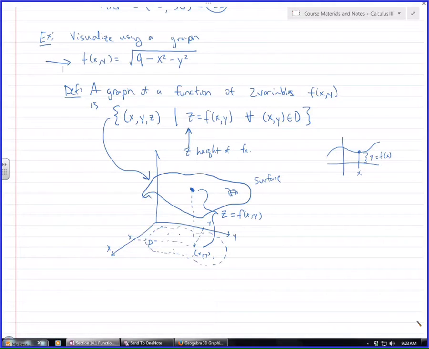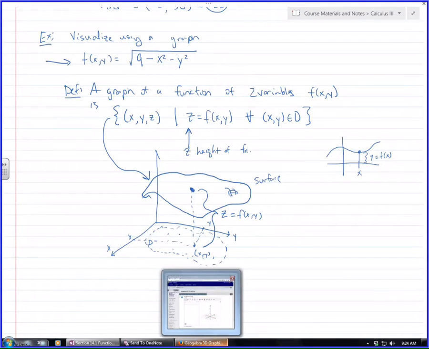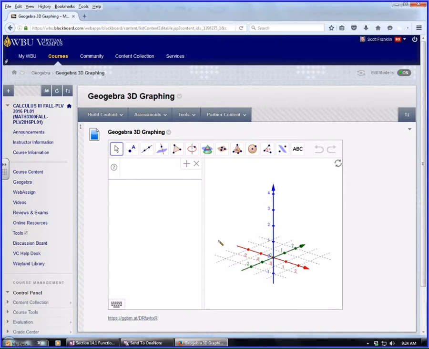So it makes it a little bit better tool than what Maple is. We've been using Maple for many, many years in Calculus 3, but it costs money for you to have it on your own. This allows you to use some of this kind of stuff at home. It's not as powerful as Maple, but it works fairly well.